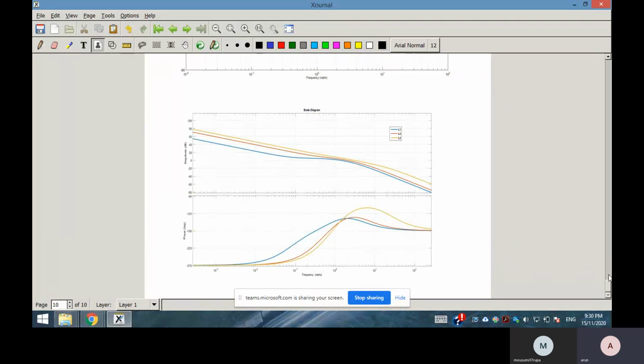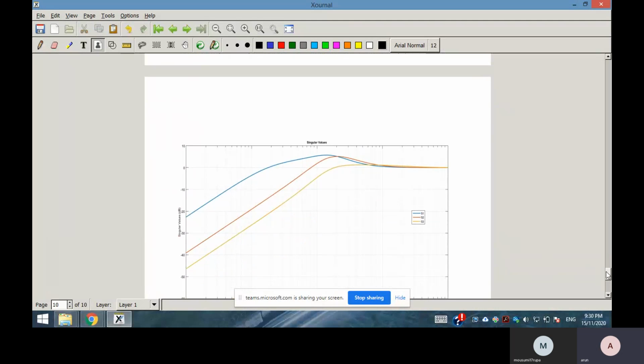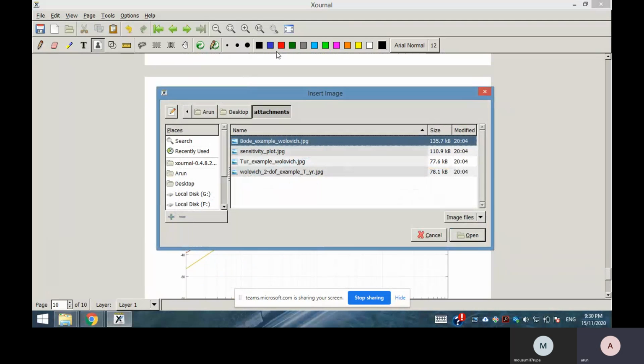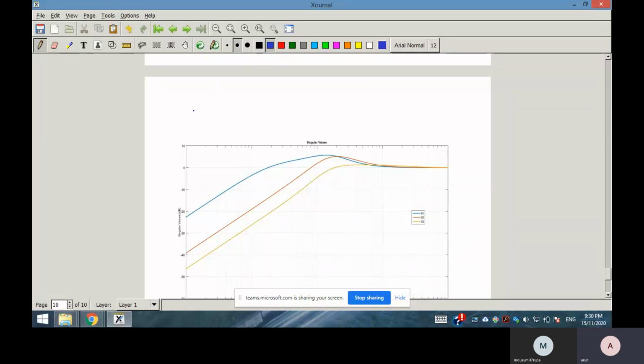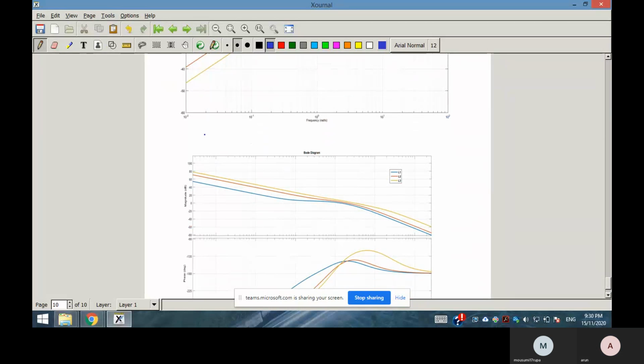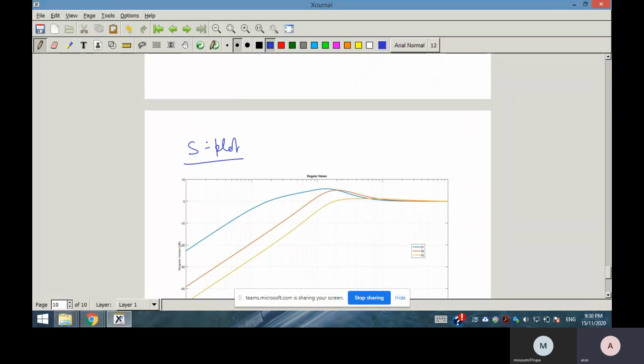Okay, so now this is your sensitivity plot, this is S plot, and this is your L(j omega) plot. I have not written S(j omega), so S plot and L(j omega) plot.